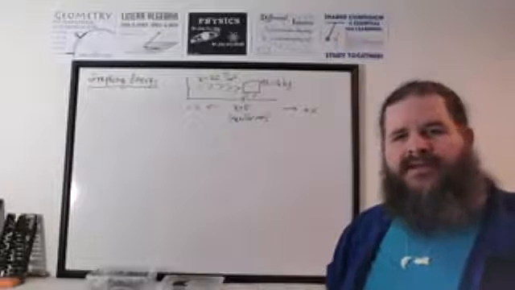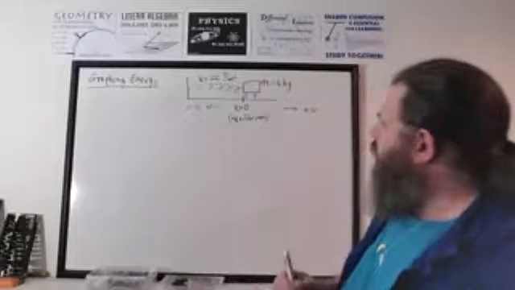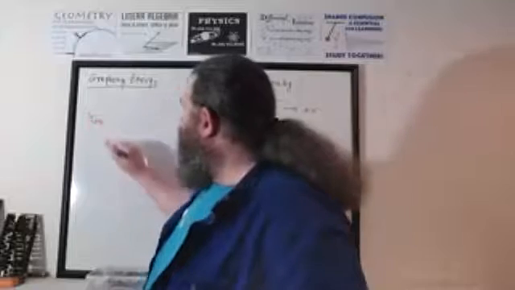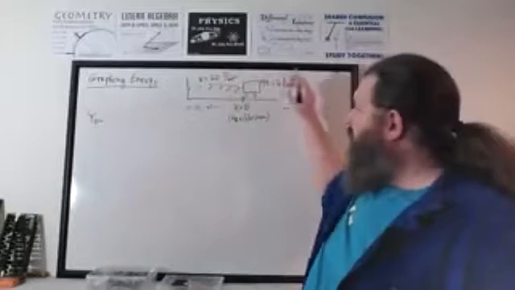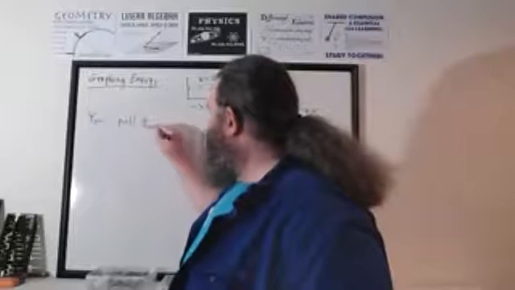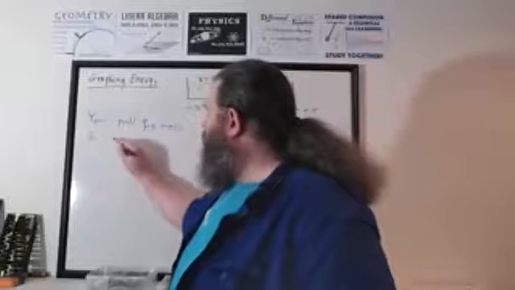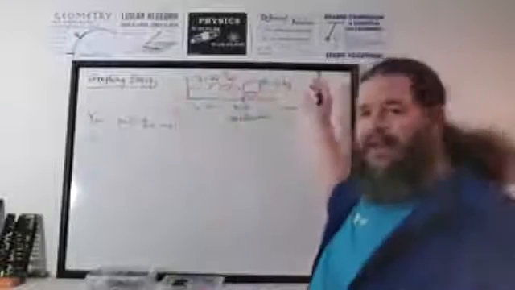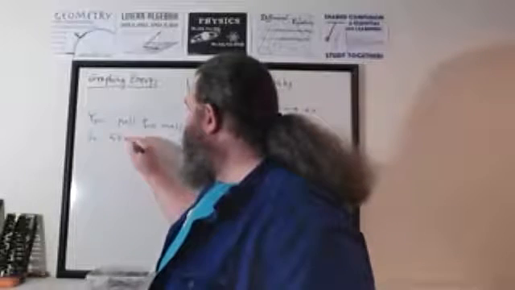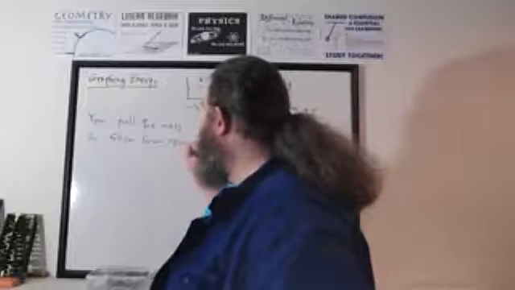So let's try a quick example. Just by way of an example, let's say you start this process by pulling this back. You pull the mass to, let's say you stretch it to a location that is 50 centimeters from equilibrium.